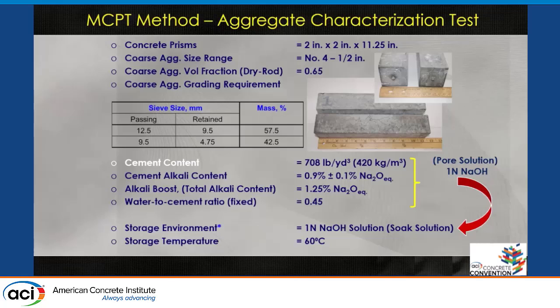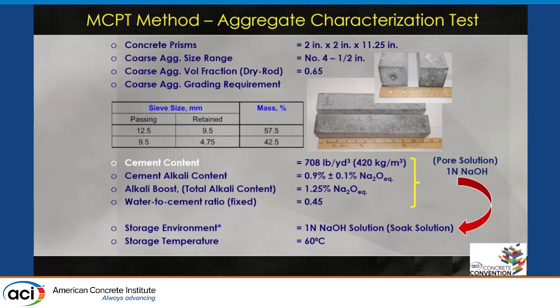you end up with a pore solution in that test mix of roughly 1 normal sodium hydroxide concentration, right? So one of the significant differences between the concrete prism test and this one is that in this test we store these samples in a soak solution that matches the pore solution.